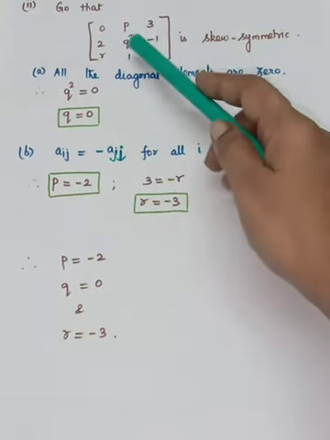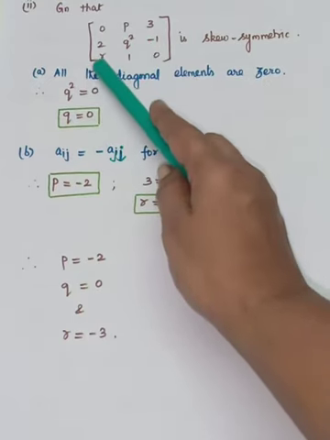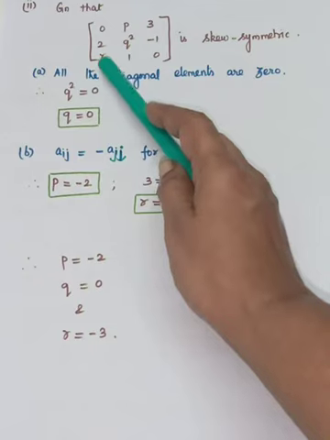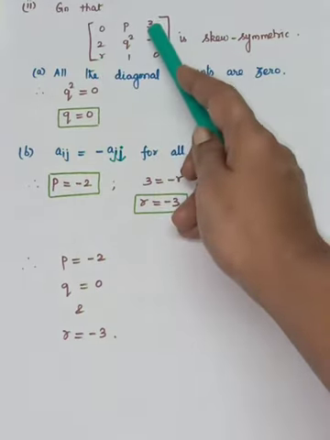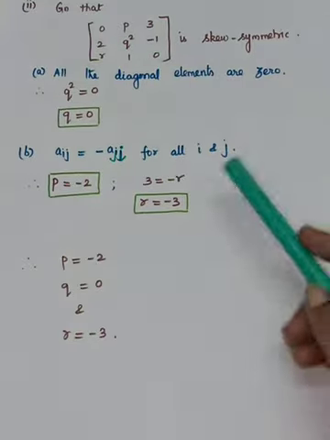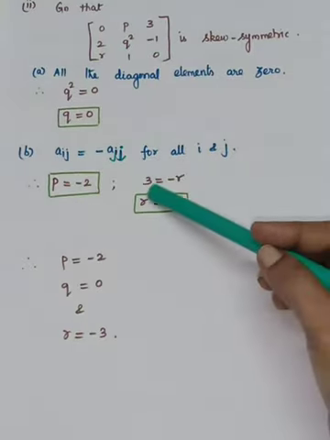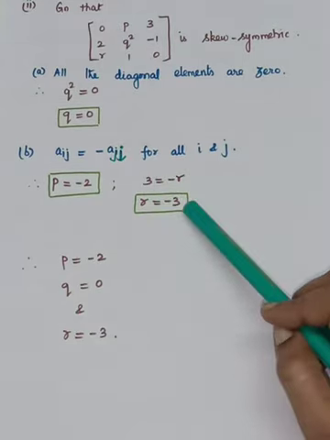P and Q values we have found. Next we are going for R. Where is R? R is in A31, third row, first column. A31 is equal to minus of A13. Therefore here 3 is equal to minus R. So R is equal to minus 3.